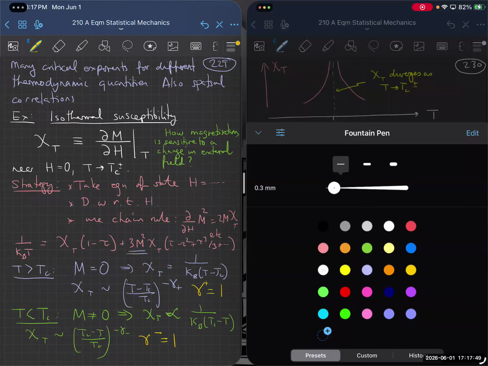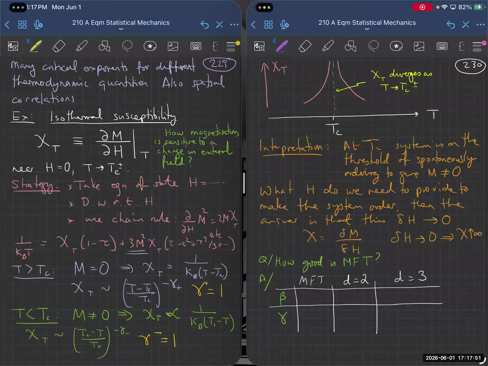So that's what we're going to look at. So let's have a look at the values. So the mean field theory, beta is equal to 1/2, and gamma is equal to 1. And I'm not showing you the other critical exponents. For the Ising model, in 2D, beta is actually 1/8, and the exponent gamma is equal to 7/4. So those are exact results.